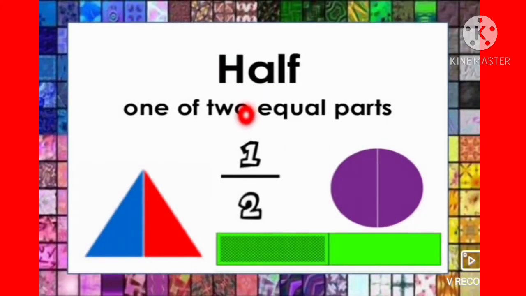Half. So children, once again let's recall half. One of two equal parts. Here blue color is 1/2 of the triangle. And also children, half can also be read as semi, 1/2.